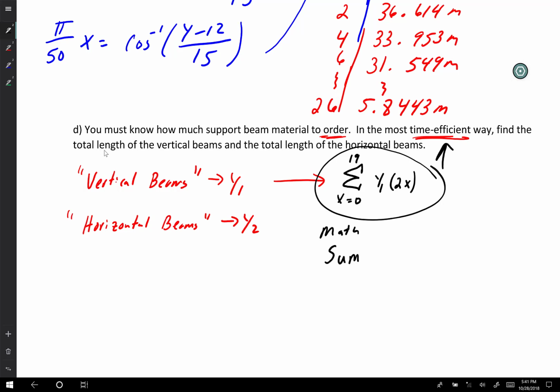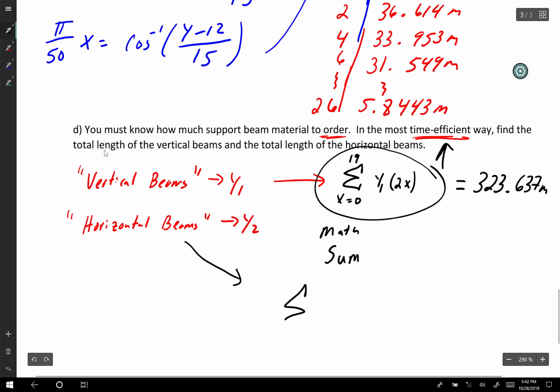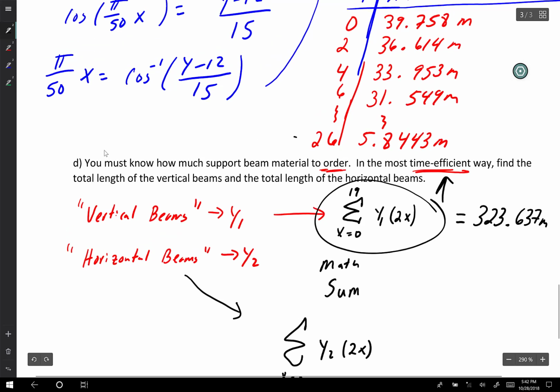I get 323.637 meters. And for this one, let's see, sum from x equals 0, y2 of 2x all the way to, let's see, 26.